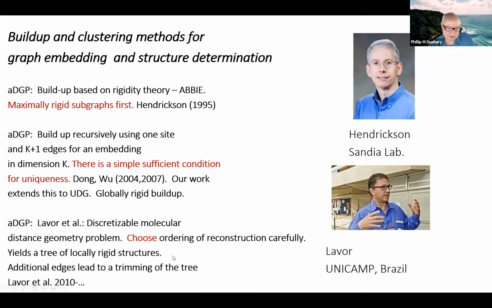Locally rigid structures are sometimes called something else, but they're not globally rigid, and they have a certain combinatorial degeneracy. So we're focusing on globally rigid buildup because we think that within the PDF community, it is possible to get enough edges to do the globally rigid approach, and that's more efficient, especially as we have the unassigned case to deal with.